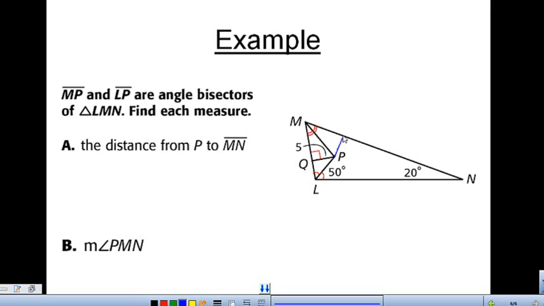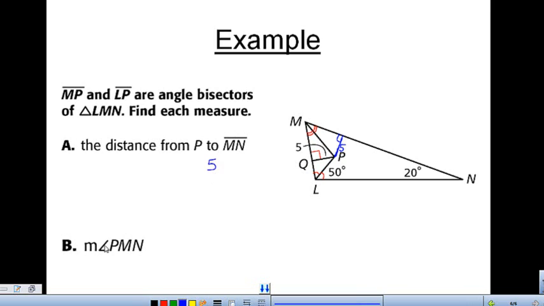So if you remember the theorem that we just covered on the previous slide, your incenter theorem says that the distance from the incenter to the side of the triangle will always be congruent to the other distances that are perpendicular from the incenter to the sides of the triangle. So that would be this segment right here. It goes from the incenter perpendicular to one of the sides of the triangle. So that would mean that this segment right here is also 5 units long. So this is 5 because of our incenter theorem.